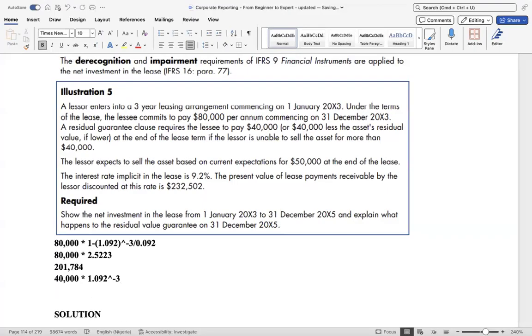When you multiply that, what would you get? 40,000 times 1.09 raised to power minus 3. 0.768.